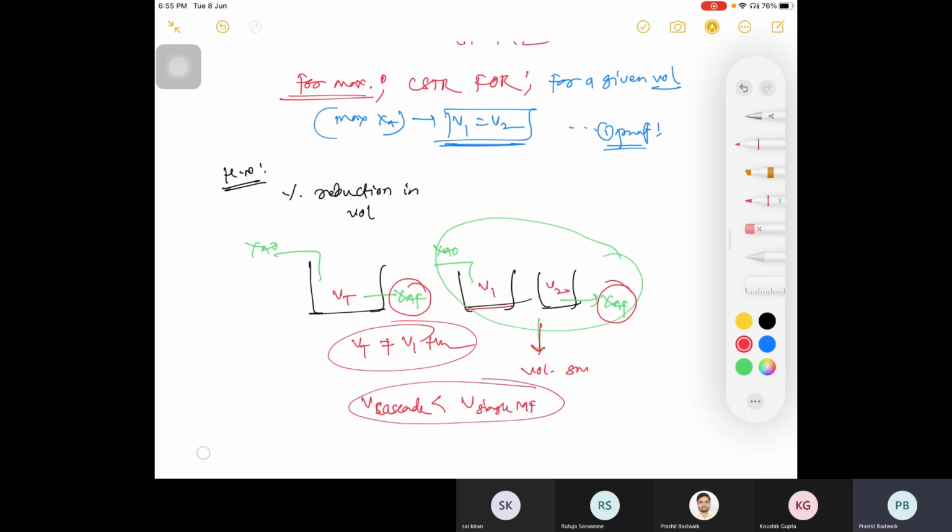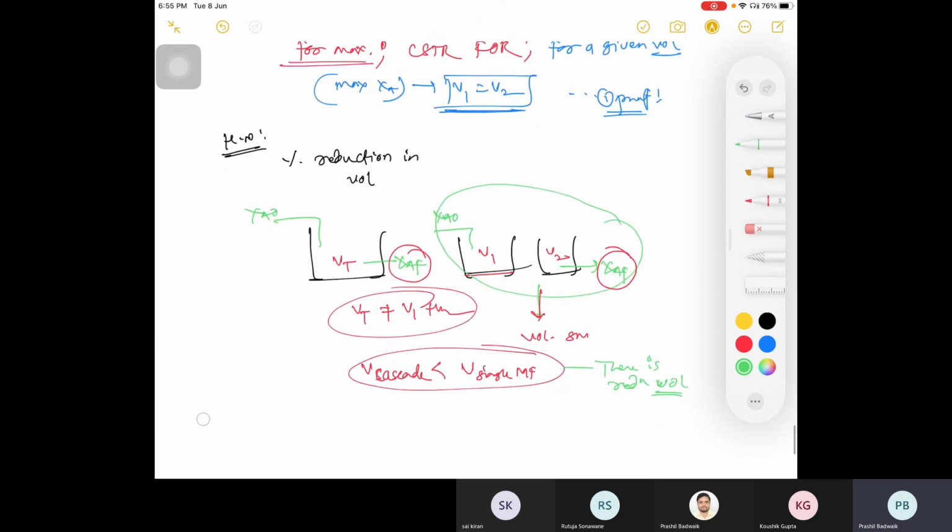So you can say there is a reduction in volume, right? So you need to calculate what is your reduction in volume, and this was asked in GATE. I don't know the year, but this has been asked in GATE. Percentage reduction in volume. Okay, so that is your homework.